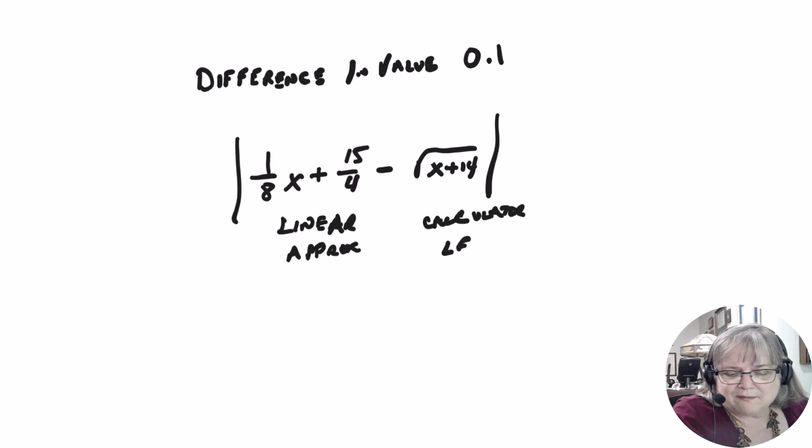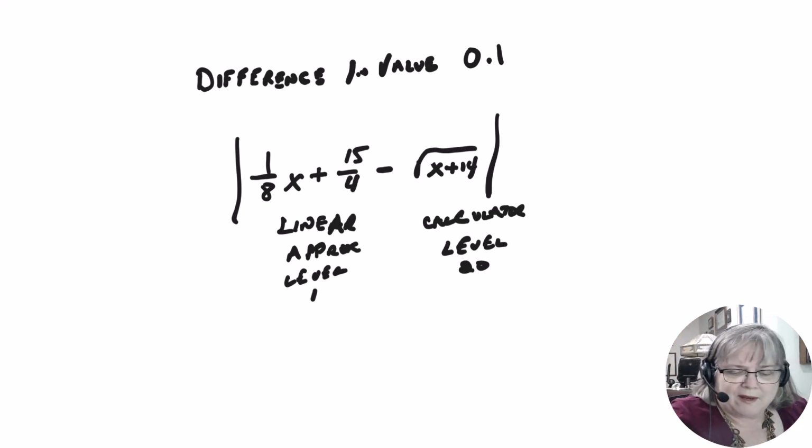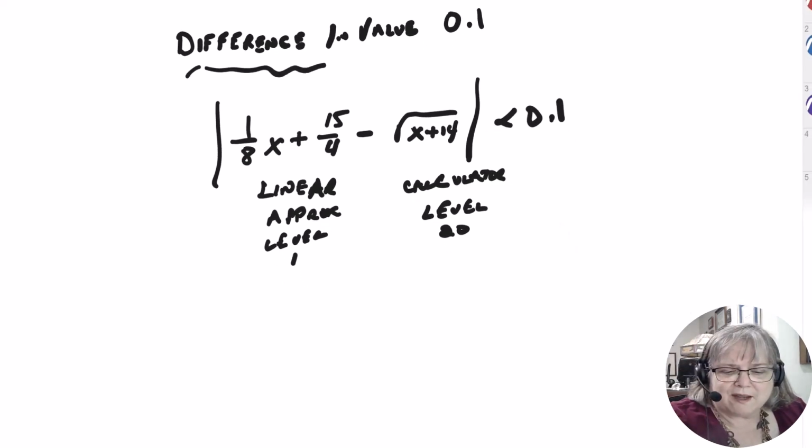So this would be like level 20 in difficulty. And this would be like level 1 or 2 in difficulty. And it doesn't matter which one you start with, because you're going to take the absolute value, and it has to be less than 0.1. Because remember, I can live with a difference between the two.